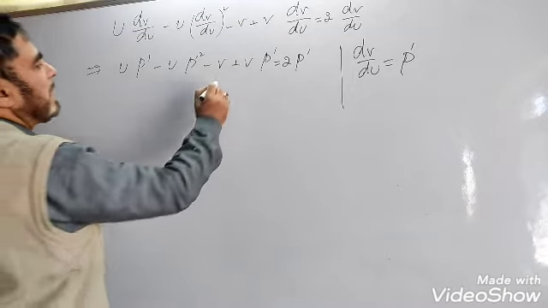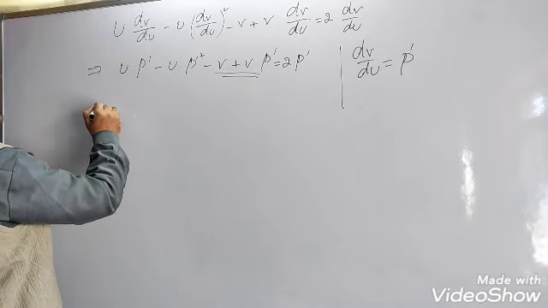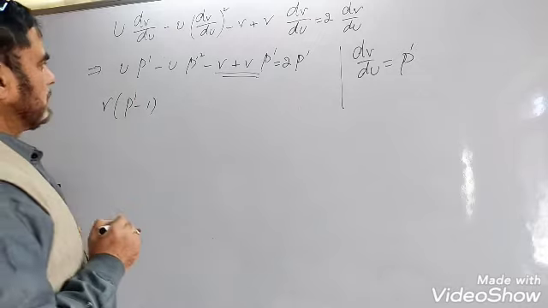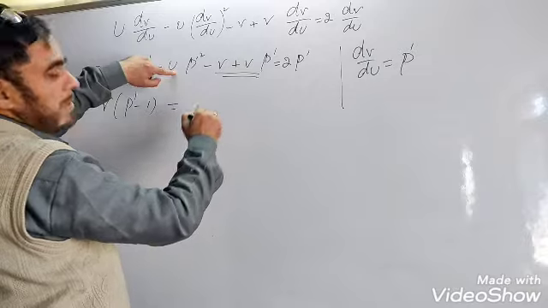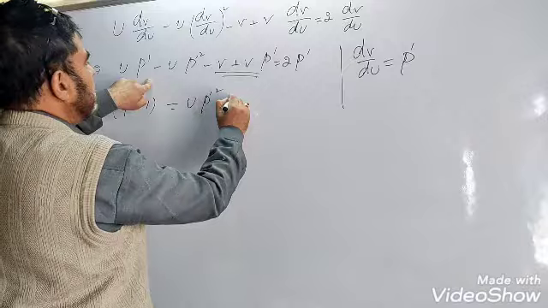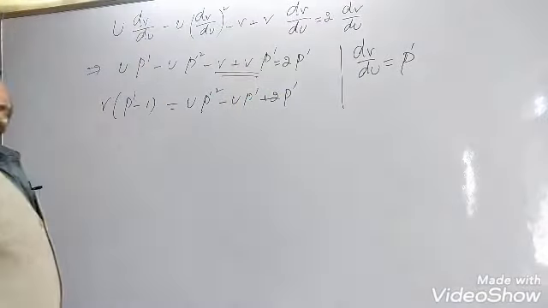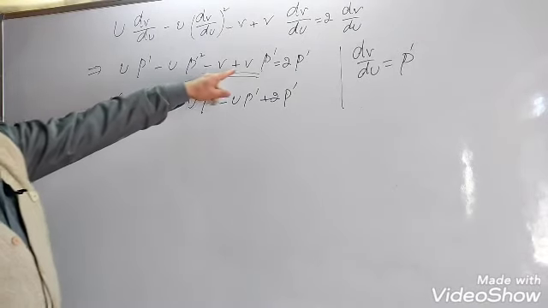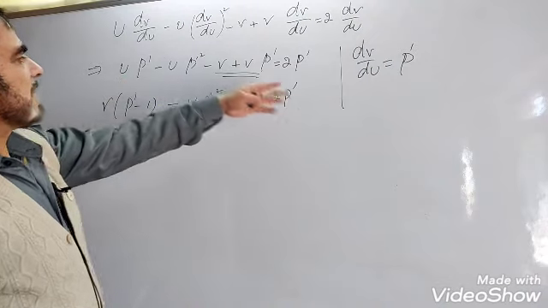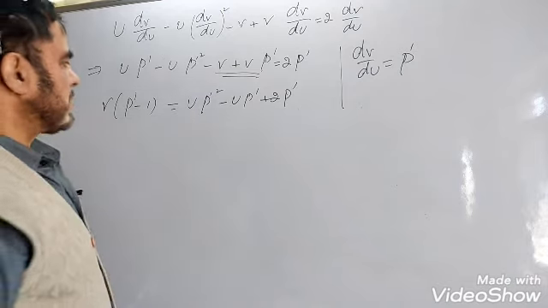Let me connect these. Taking v common, it is p dash minus 1 on the left side, and the other terms I transpose to the right side: right side is positive, this is negative, and this is plus 2 p dash.